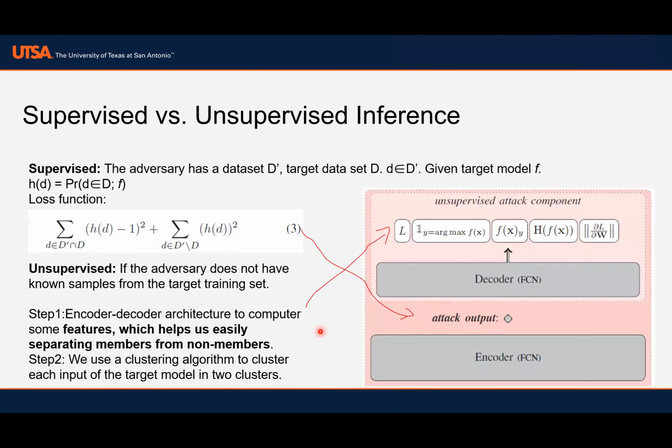So they can cluster the inputs into 2 clusters, where one cluster would be the members and the other is non-members.